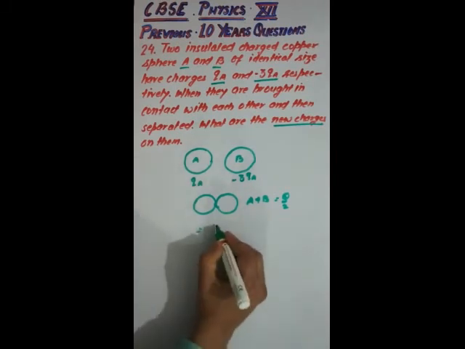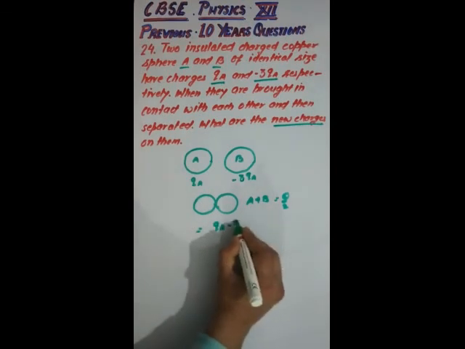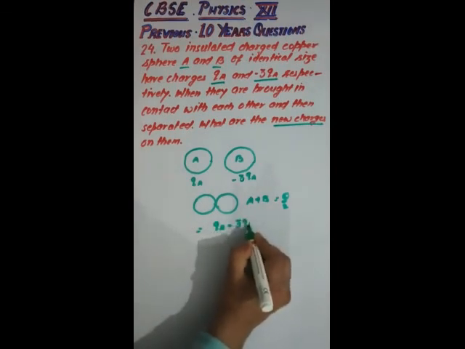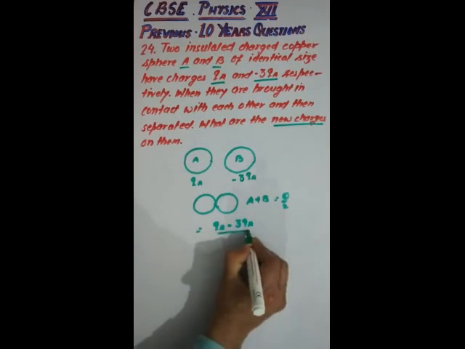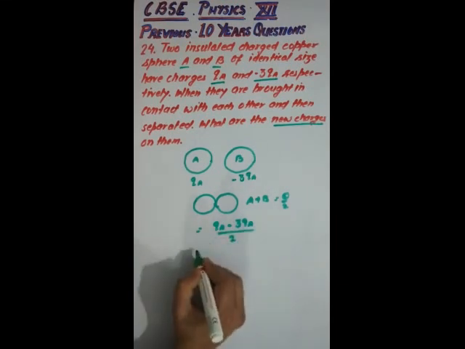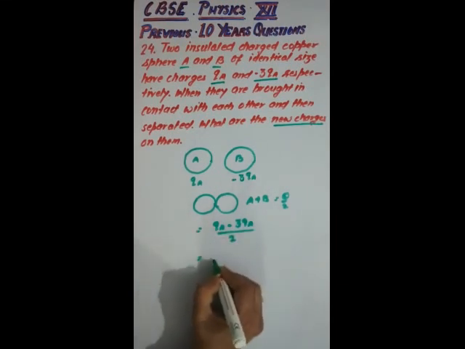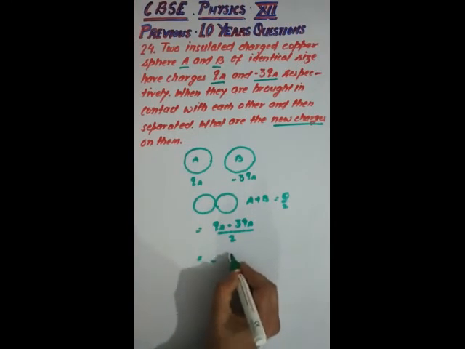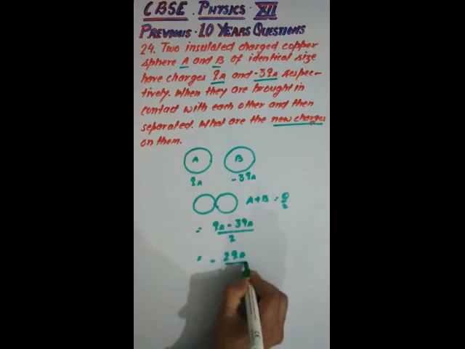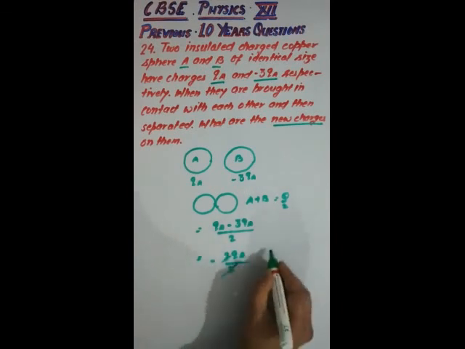It will become QA minus 3QA upon 2, or negative 2QA upon 2.